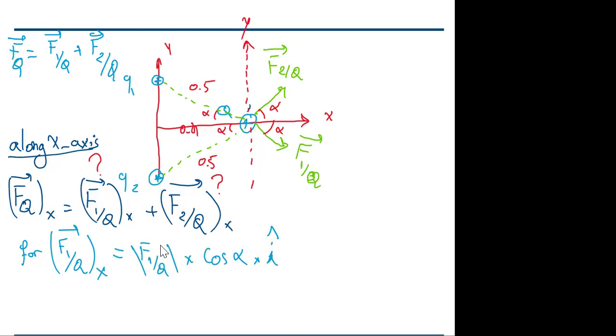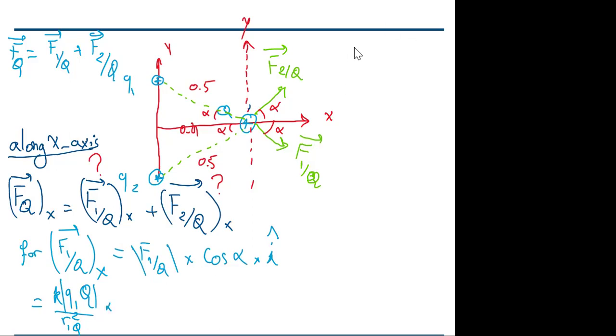We get the magnitude from Coulomb's law. So it's equal to 9 times 10 to the 9, times the absolute value of Q1 times capital Q, divided by the distance from 1 to Q squared, multiplied by cosine alpha.